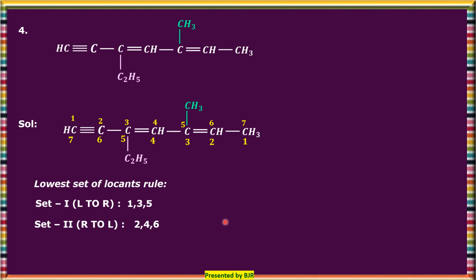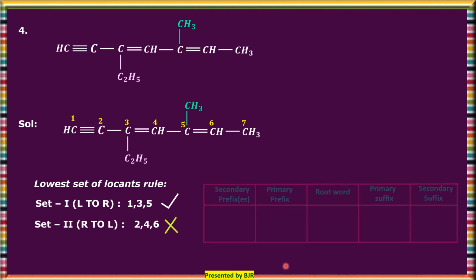Okay, so we have to compare these two sets of locants term by term. At the first point of difference, 1 is less than 2. Then you need not compare the remaining terms. That means numbering from left to right is the correct way of numbering, and numbering from right to left is the wrong way of numbering.